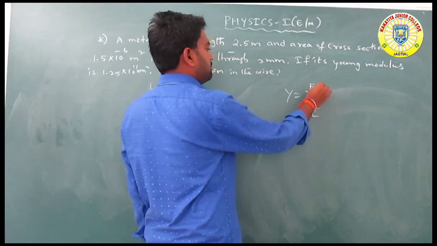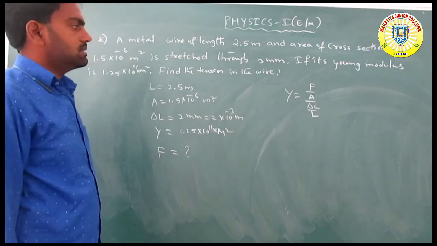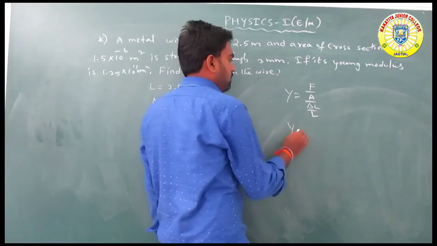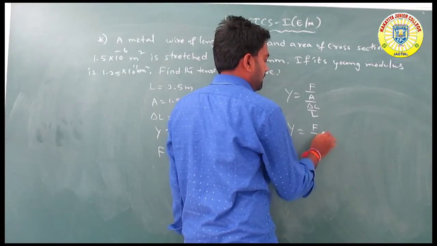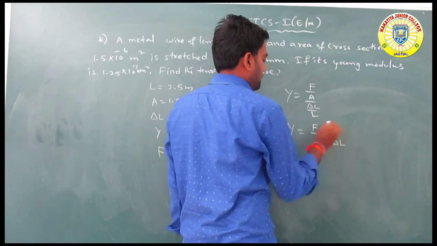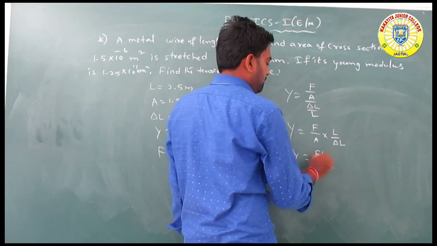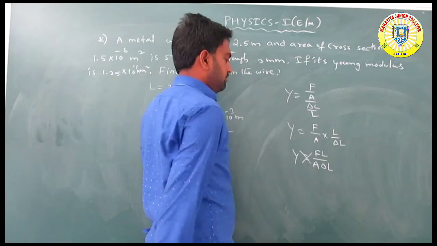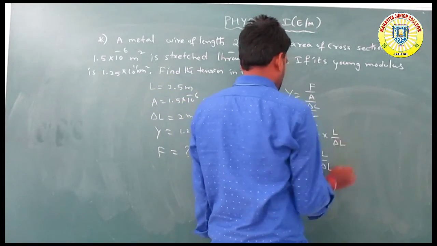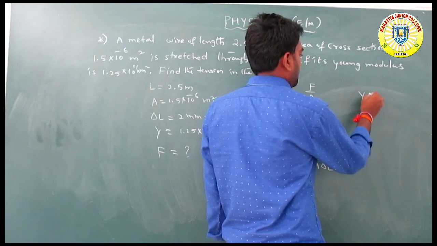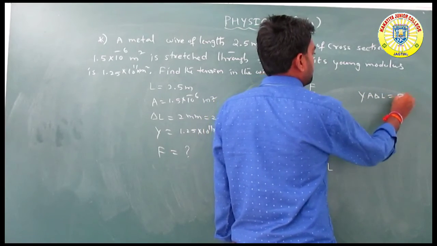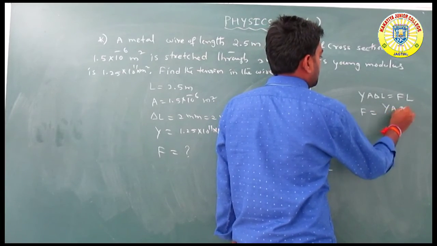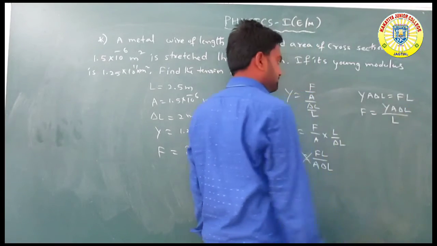F by A is nothing but the longitudinal stress, and delta L by L is the longitudinal strain. So Y is equal to F L by A delta L. Cross multiplying, Y A delta L is equal to F into L. So F is equal to Y A delta L by L.